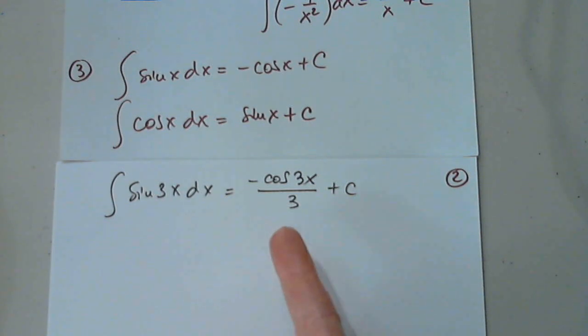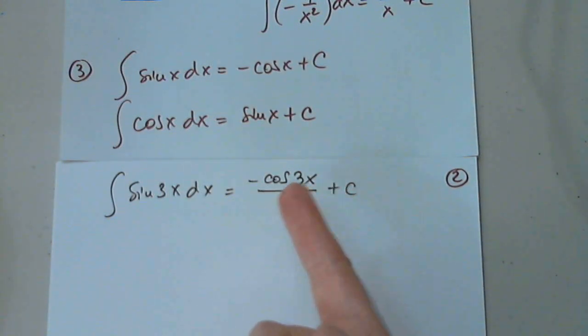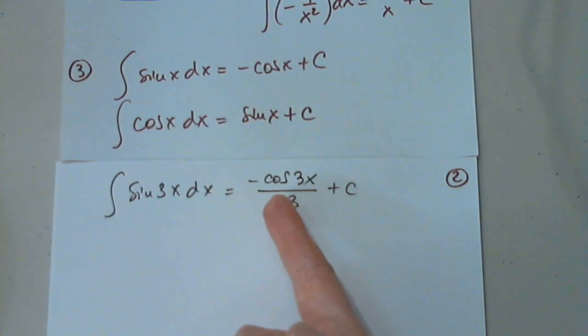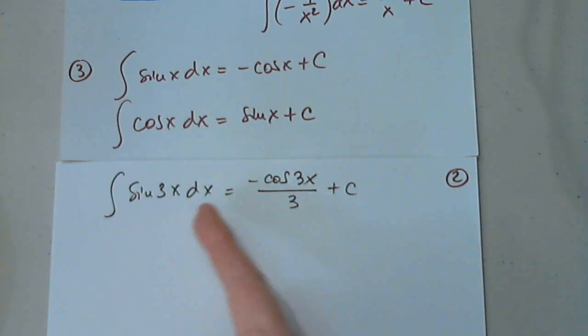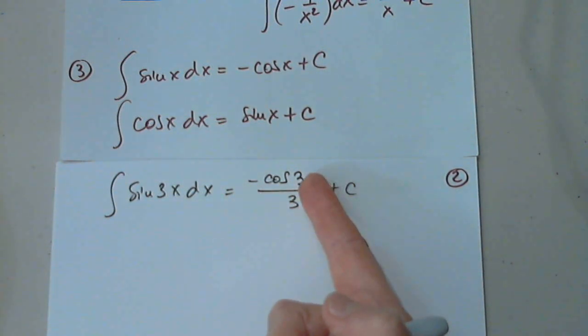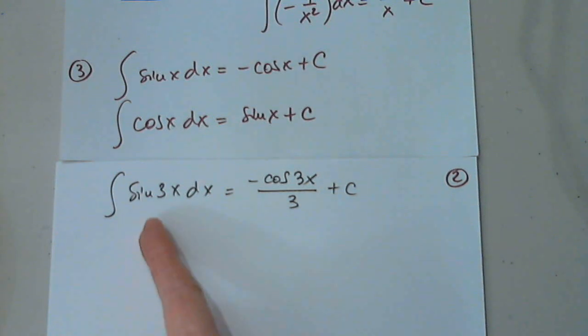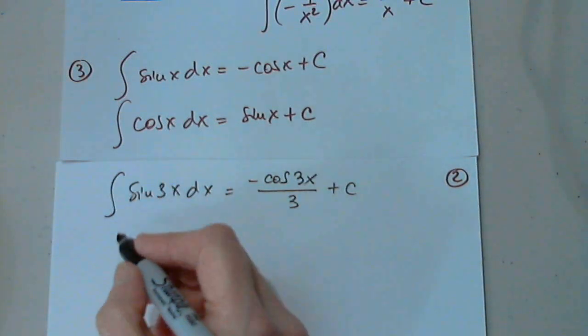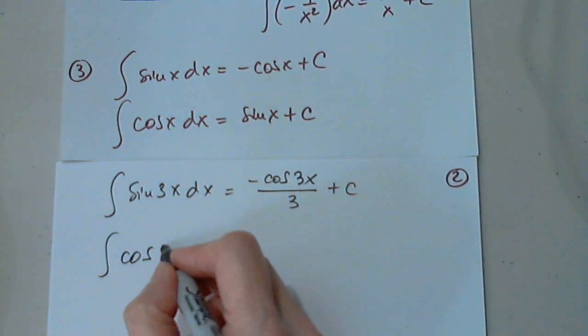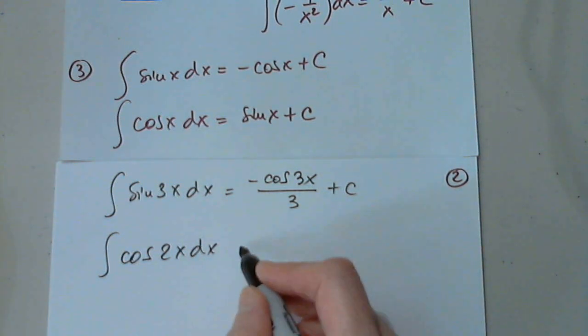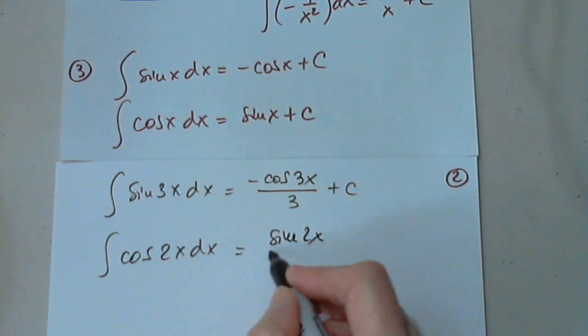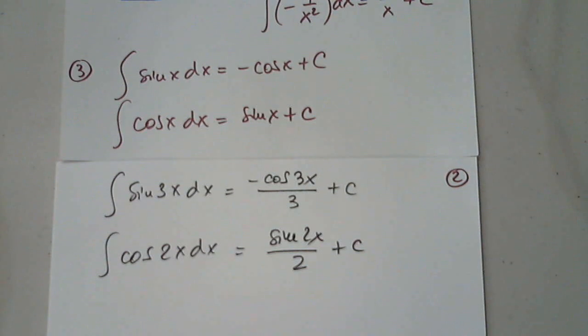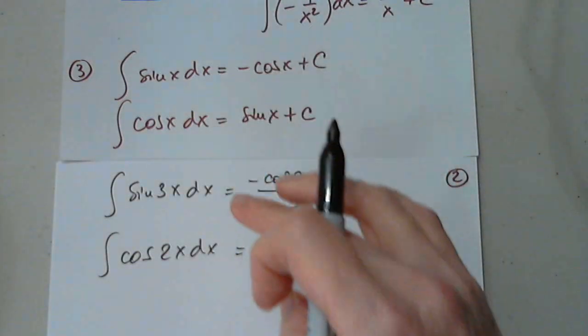When you differentiate this, the derivative of negative cosine is negative sine with minus in front, so it's sine 3x times the derivative of the inner function, which is 3, which simplifies with this, and that's how we get that back. Of course, if I have the integral of cosine 2x, for example, this will be sine 2x divided by 2 plus a constant c. So I wanted us to carve these in stone, which are extremely important, these 3 items.